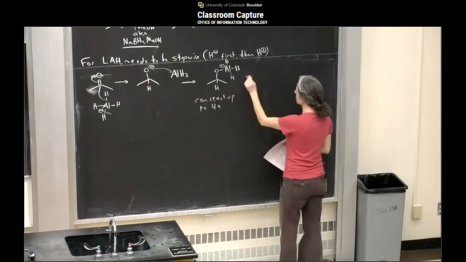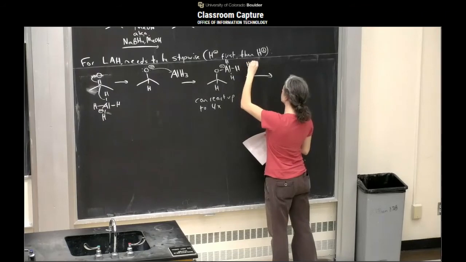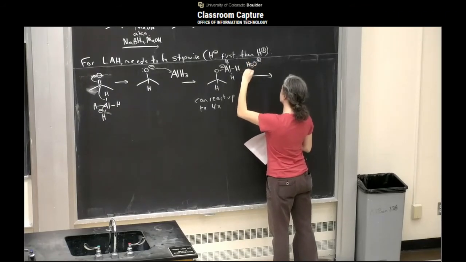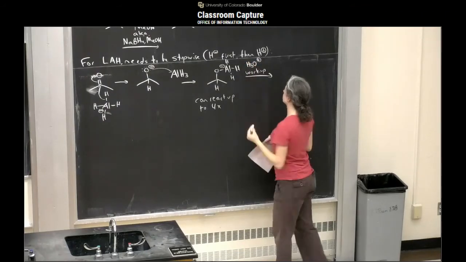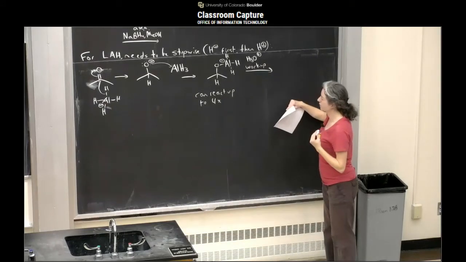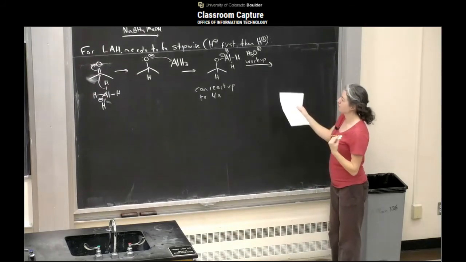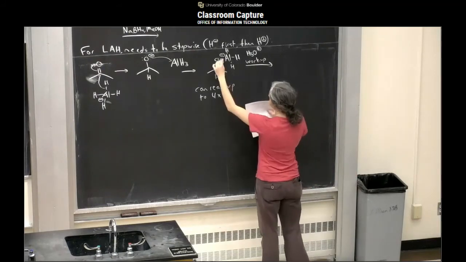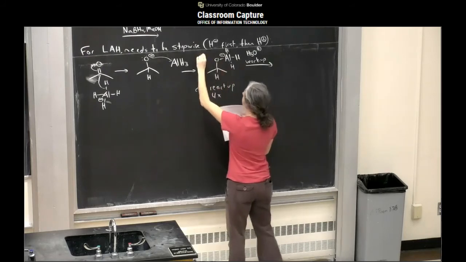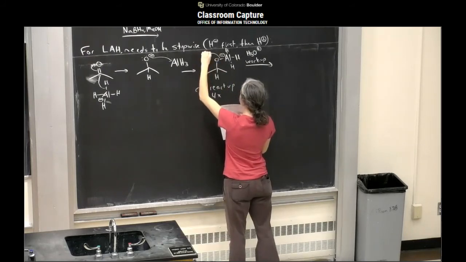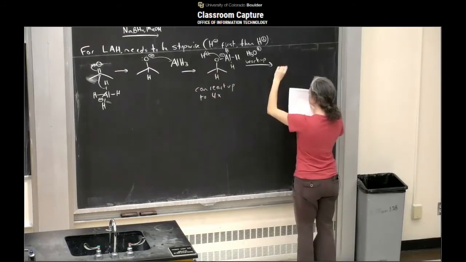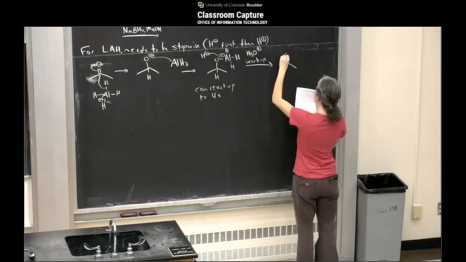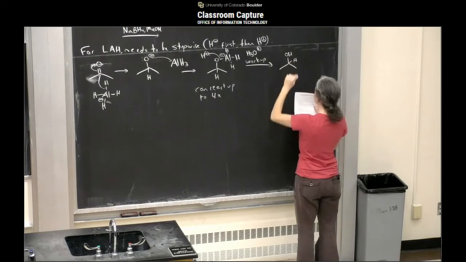And then eventually, we're going to do an acidic workup, kind of like we did for organometallic stuff in the past, to get rid of the minus charge on the product. And then this oxygen can split off the aluminum, go pick up a proton, and that gets you to here.